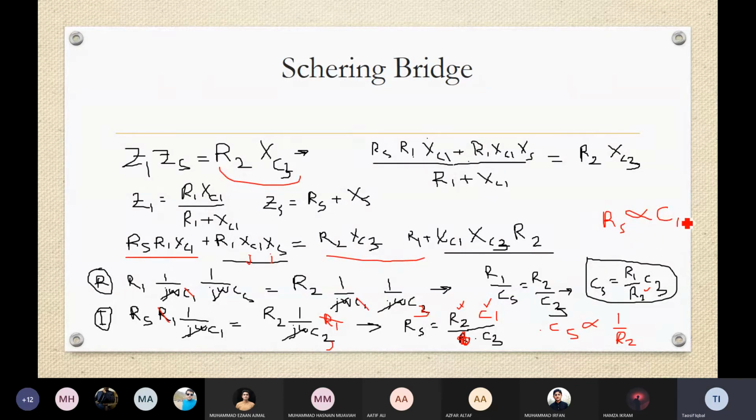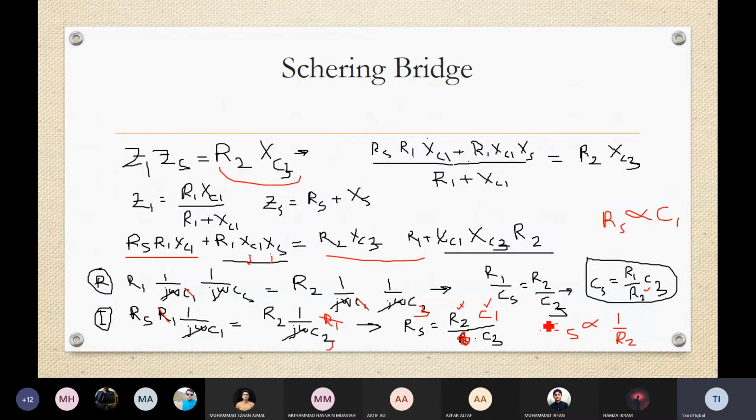So if we change C1, that would give us the value of RS, and if we change the value of R2, the inverse of this gives us the value of CS.